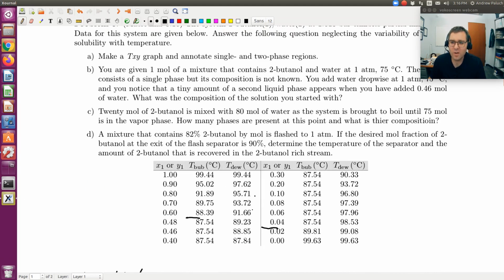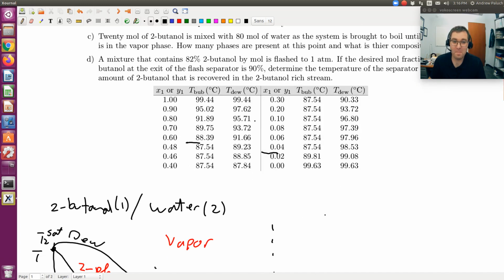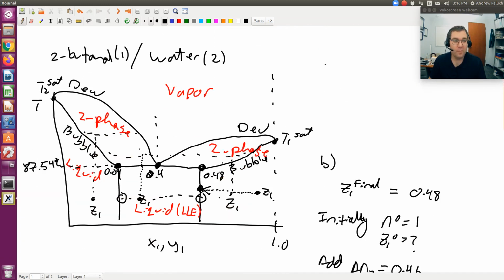If I look at C, with 20 moles of 2-butanol and 80 moles of water, that tells me Z1 is 0.2, because it's 20 divided by 20 plus 80. I can handle that. So if Z is 0.2, I'm to the left of the azeotrope, but to the right of this 0.04, so I'm in my liquid-liquid region.